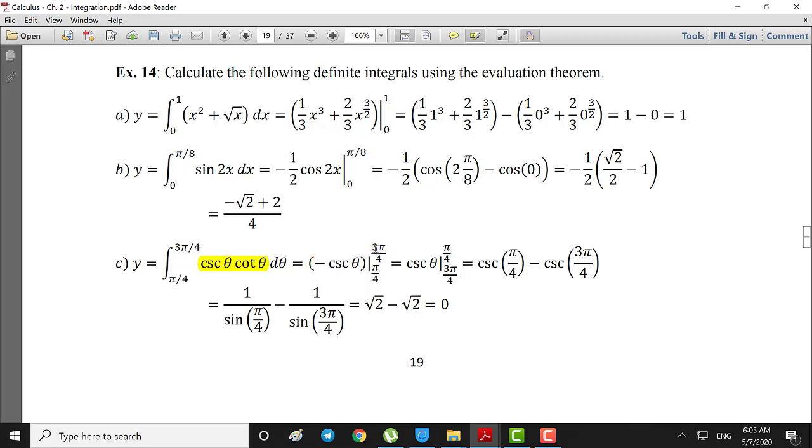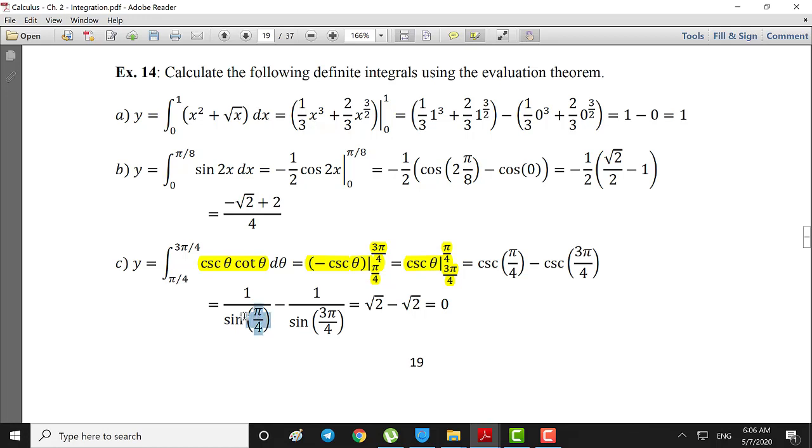So the result of this minus cosecant of theta evaluated at 3 pi over 4 and pi over 4 is cosecant of theta evaluated at pi over 4 and 3 pi over 4. And the result of this final one is cosecant of theta at pi over 4 minus cosecant of theta at 3 pi over 4. And cosecant of theta at pi over 4 is equal to 1 over sine of pi over 4. And cosecant of 3 pi over 4 is equal to 1 over sine of 3 pi over 4.